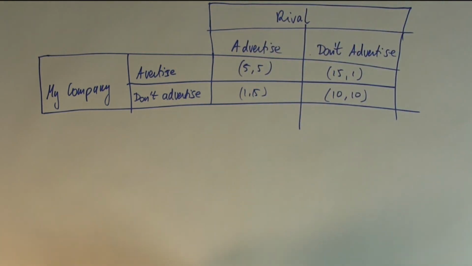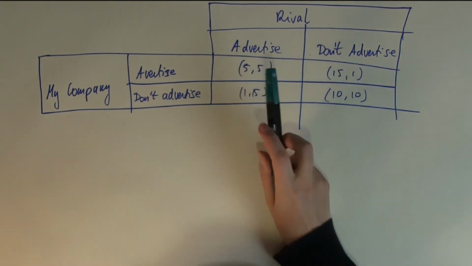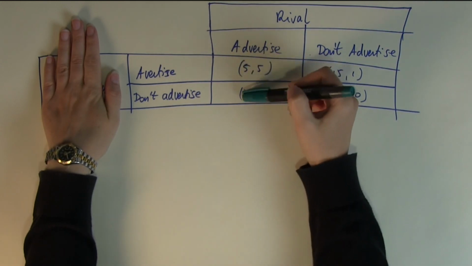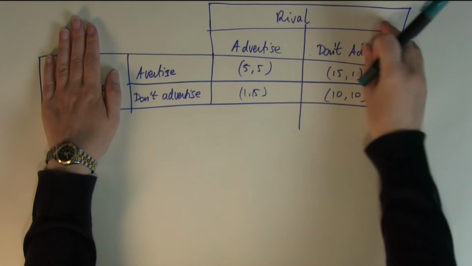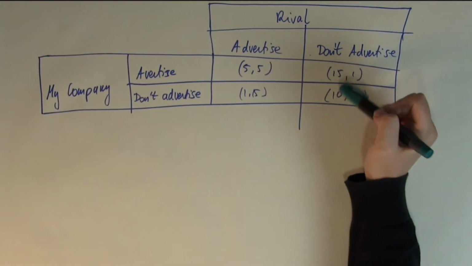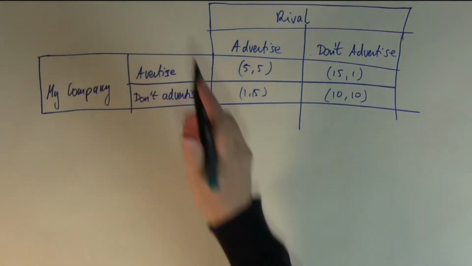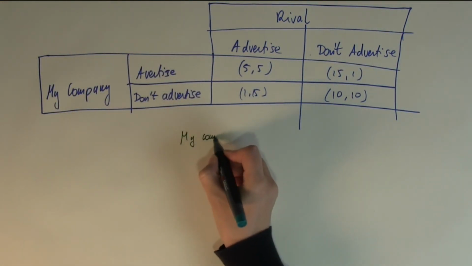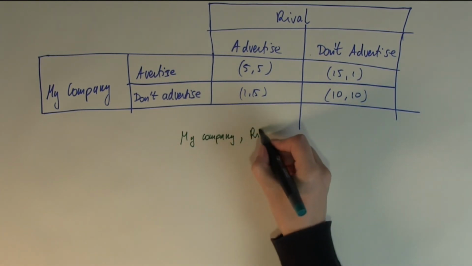What's important in here is that in all of these ordered pairs, whoever is on the left-hand side is always the first number, and whoever is on the top is always the second number. So basically, in this table, for this particular scenario, the first number is always my company, and the second number is always the rival company.